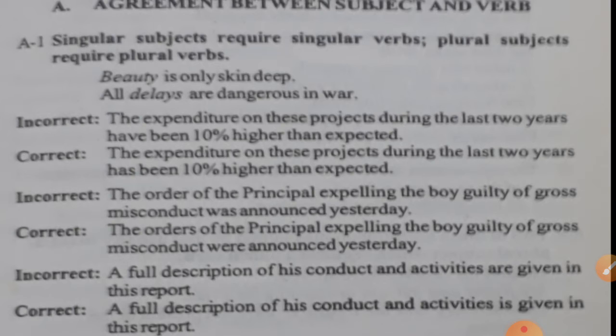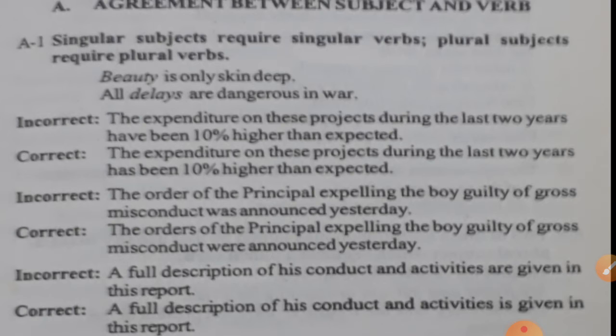The next sentence is: a full description of his conduct and activities are given in this report. Again, you can see that here is a word activities, and it has also been used with conduct, and both these nouns have been joined together by the conjunction and.